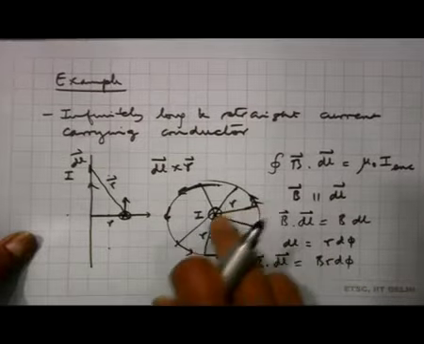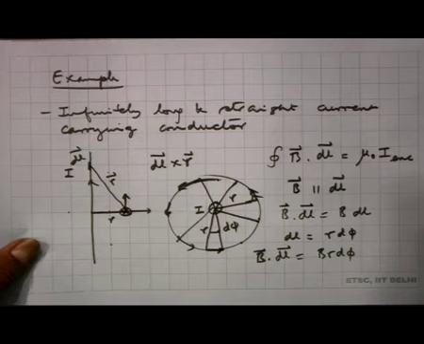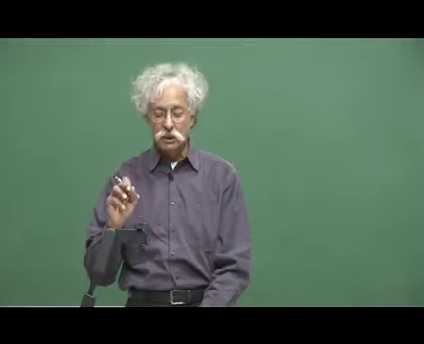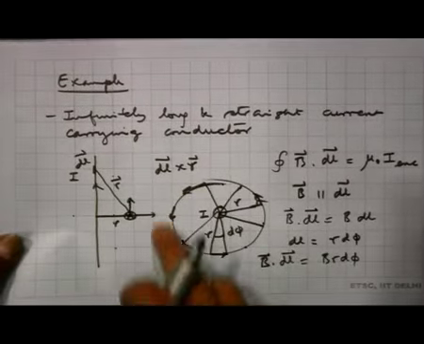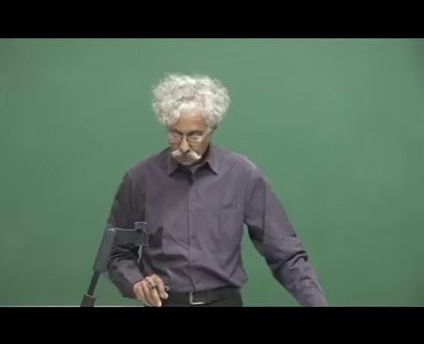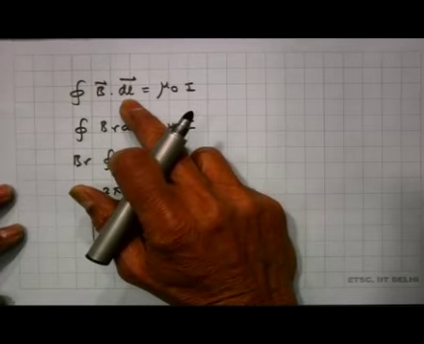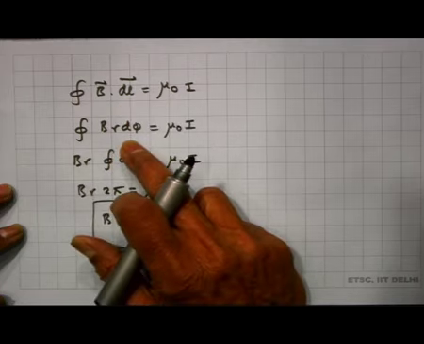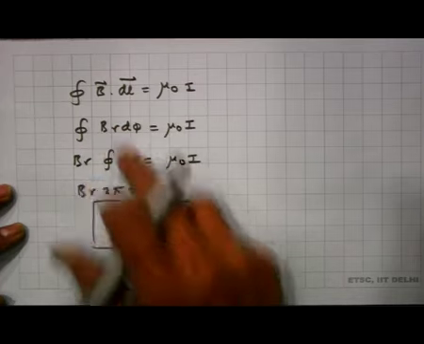So, I have taken a circular path around the wire. If I take some arbitrary path, I will not be able to do this. So, I must choose an appropriate, judiciously chosen path of integration. And here my judiciously chosen path is a circular path around the wire. Because I have chosen that path, B happens to be parallel to dl at every point. So, I can write B dot dl as B r d phi, and B happens to be independent of phi, so I can take B out of the integral.